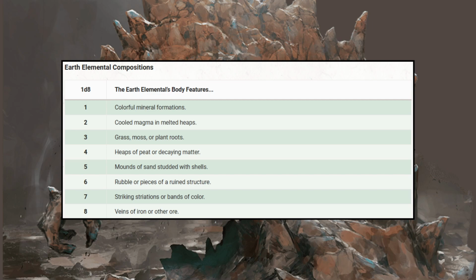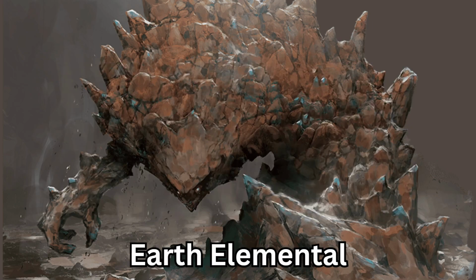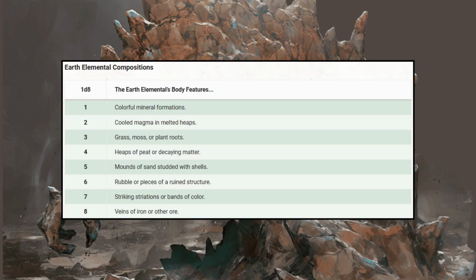So with all those options, you can see just how varied and different each version of an Earth Elemental can be. I mean, as you can see here, we do have this rocky version of an Earth Elemental, which is pretty much the typical version. But thanks to this table, we do have a bunch of other options.